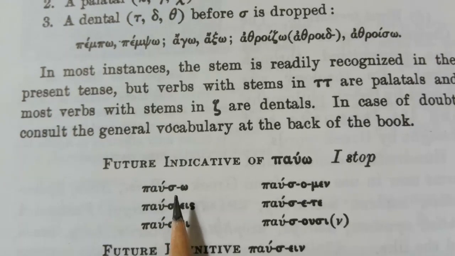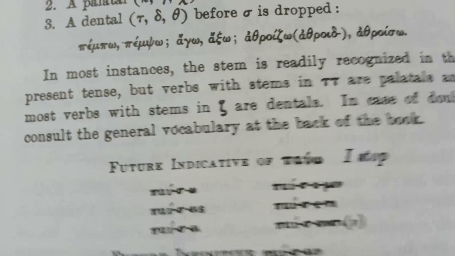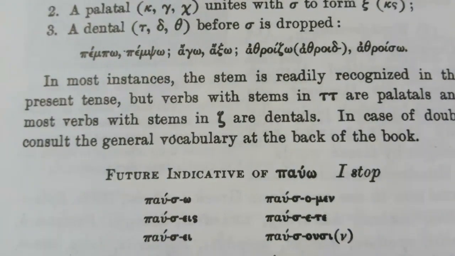So you remember also the imperfect, we added the augment, and then we added different personal endings. All right, so let's review that real quick. Let's take a look here. We pull out my Greek Paradigm Handbook. This is just for review.